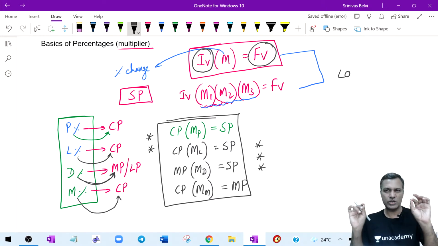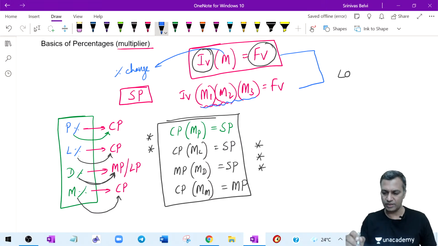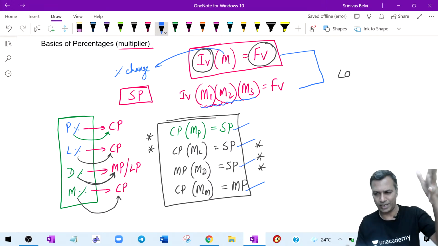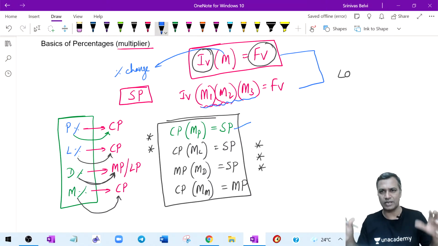Yeah, so I will do a small drill because it may be worth doing just to demonstrate one of them. In the basic class, if I'm teaching for CAT 22, let's say, I will do a drill on each of these so that everything gets into the mind. There is a lot of time. For us, I will do one drill just to illustrate what this markup related with profit is, just in case somebody joined us today.